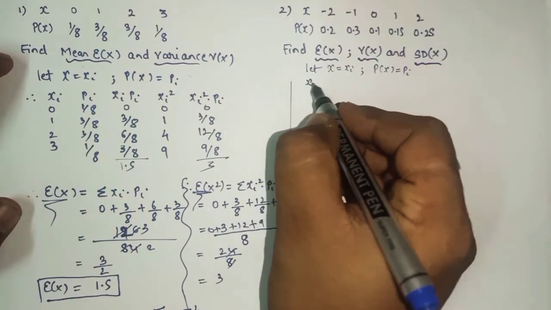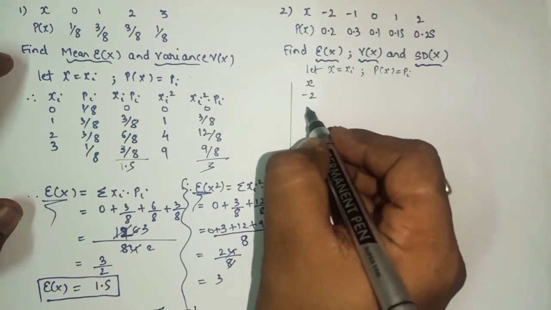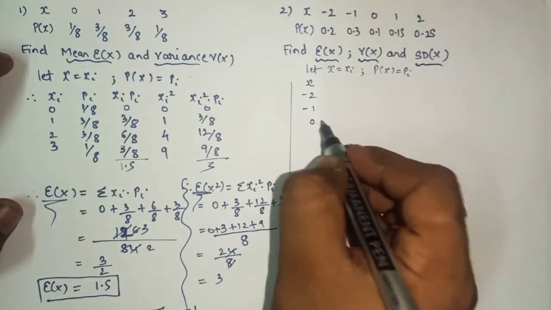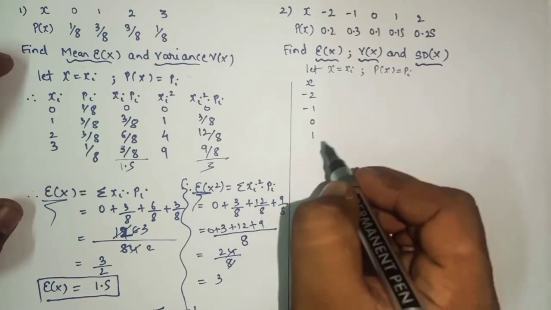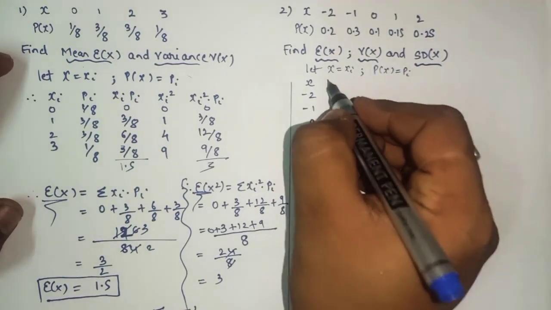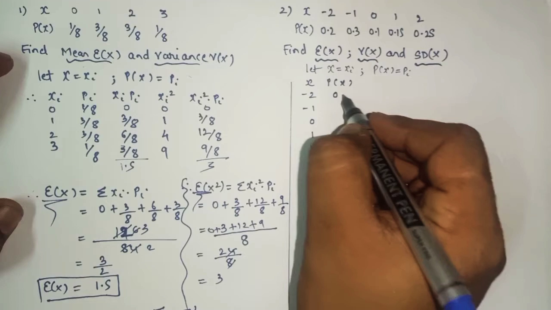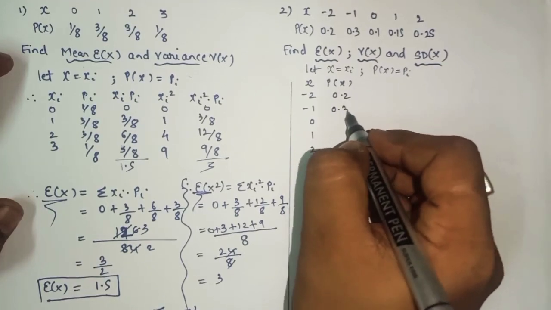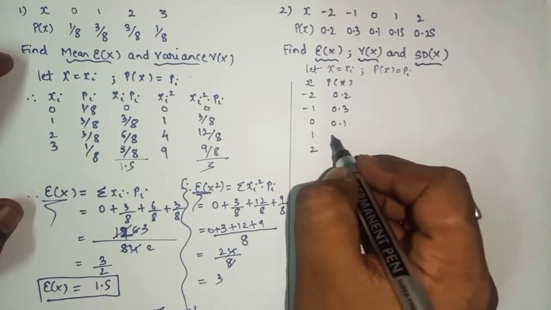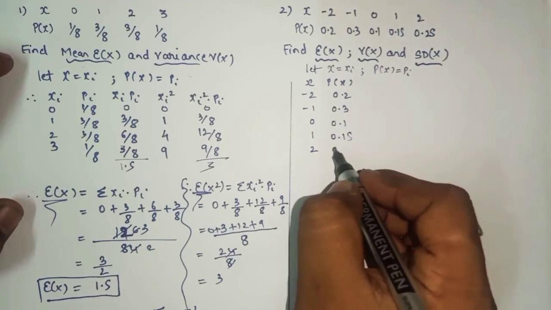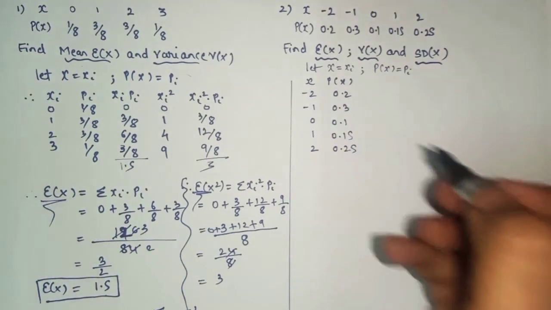So here we have the values of x: minus 2, minus 1, 0, 1, 2. P of x we have 0.2, 0.3, 0.1, 0.15, 0.25.